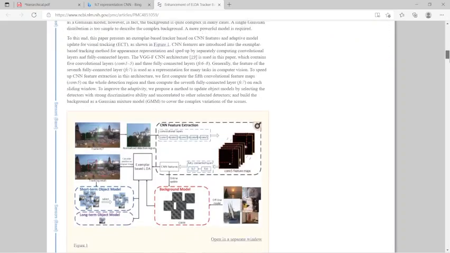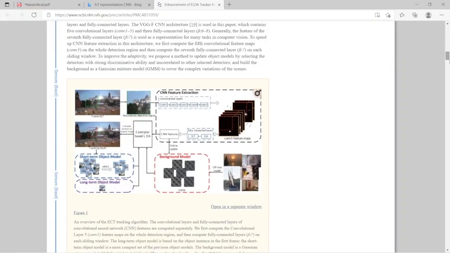That is a particular model, and in that case they compute the seventh fully connected layer. That means there are 7 layers, so this is a 7 fully connected layer, and for an image we can use this particular model.